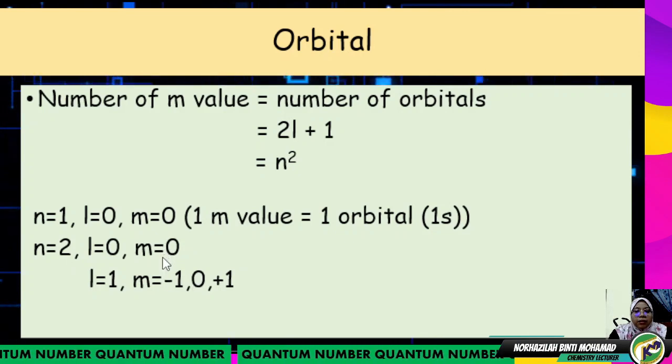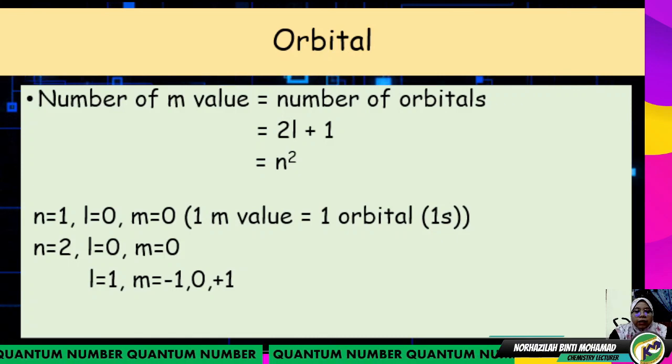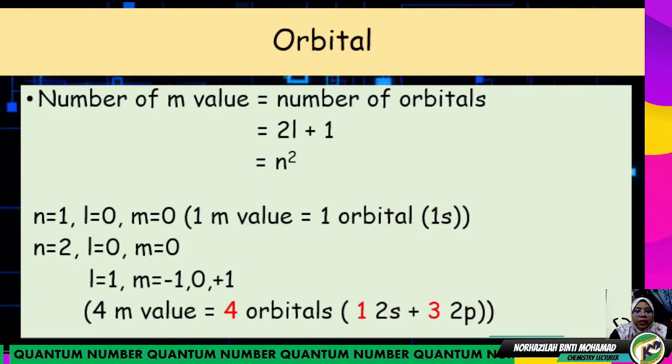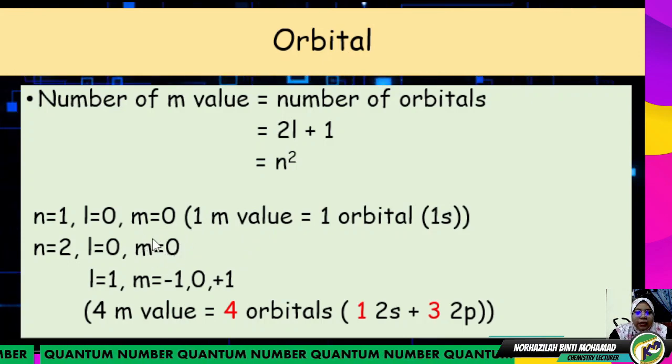You have 4, because it has 4 M values. The total is 4 orbitals. One is the 2S orbital, and the other 3 are the 2P orbitals.